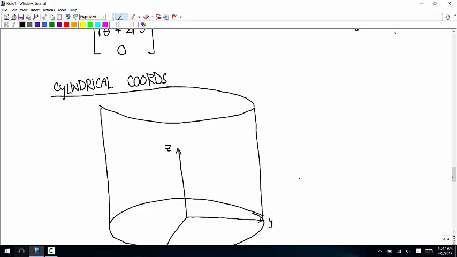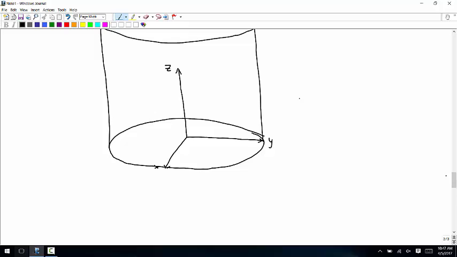And you measure the position of an object. So say you have an axis e_r, a perpendicular axis e_theta, and your z-axis just stays the same. So that's your z-axis.